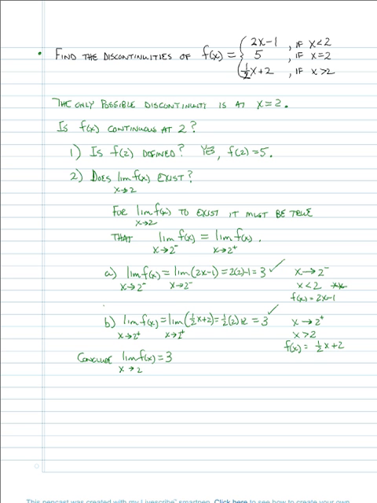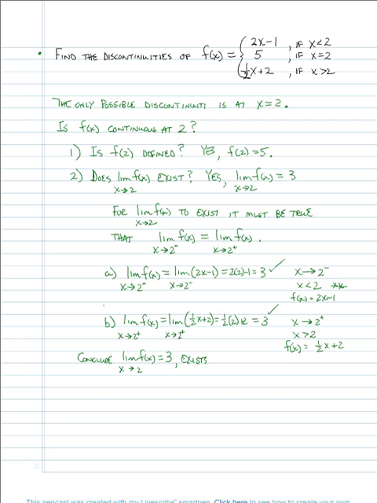So more importantly, it exists. Okay, the limit exists. So way back up here, we can say yes. Not only yes, the limit of f of x as x approaches 2 is equal to 3.